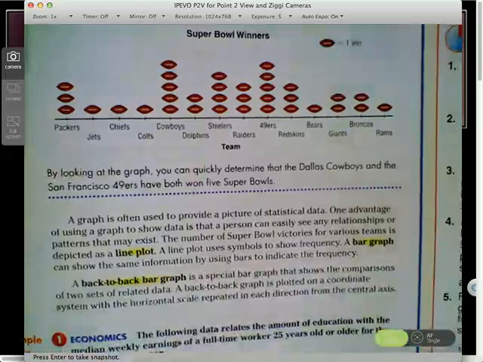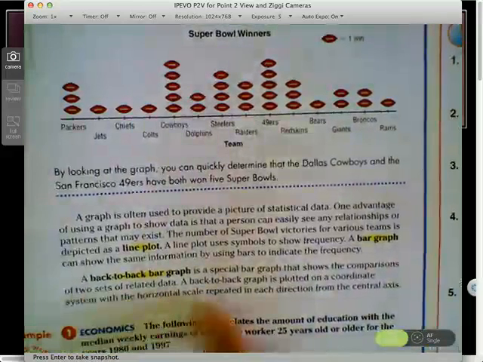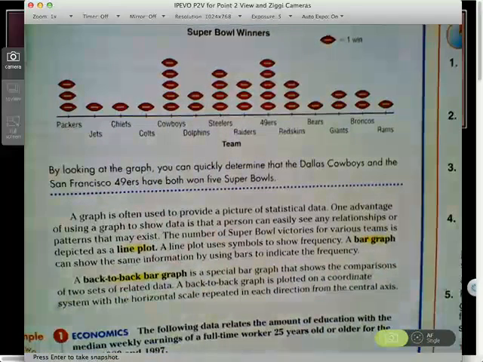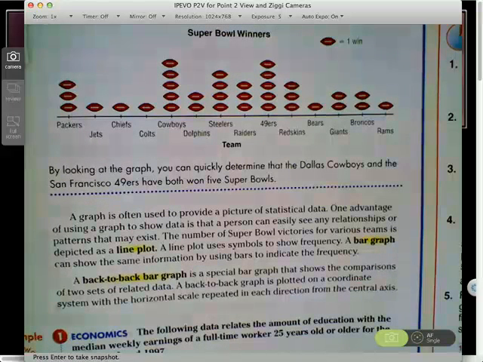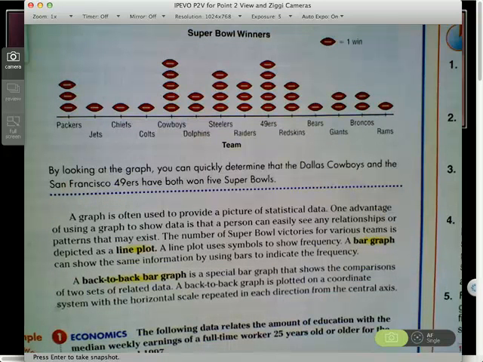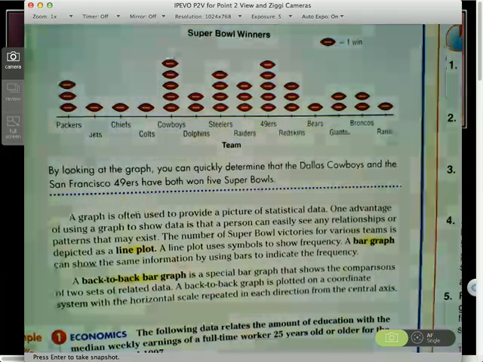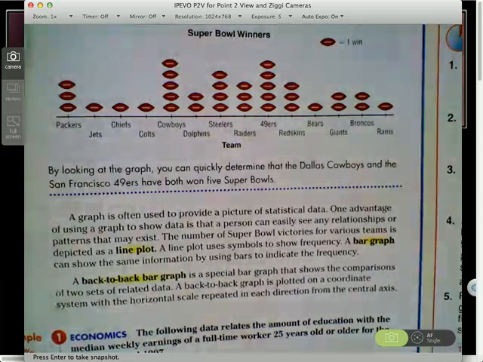And then I'll show you also what a back-to-back bar graph is, where you can measure two different facts about the same category. So maybe one bar is representing the number of Super Bowl wins for that team, and maybe the other bar is representing the total points that team scored, or the average number of points that team scored at those Super Bowls. So you would be measuring two separate data points, but about the same team or category.